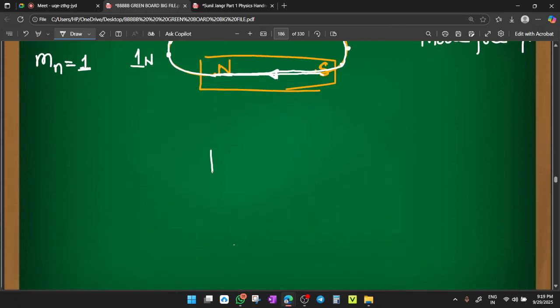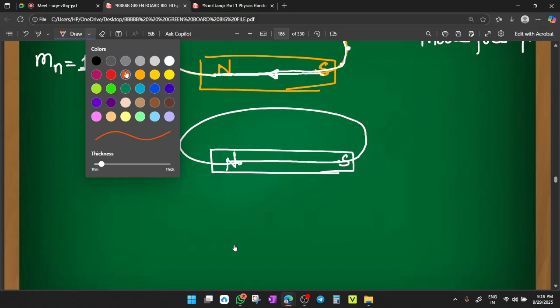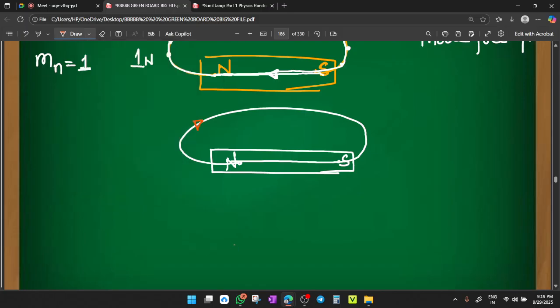Now, second thing. This is magnetic lines of forces. I am taking a typical illustration for this. Then what does it mean? If you draw a tangent at any point on the magnetic lines of forces, then this tangent will show the direction of magnetic field at that point.